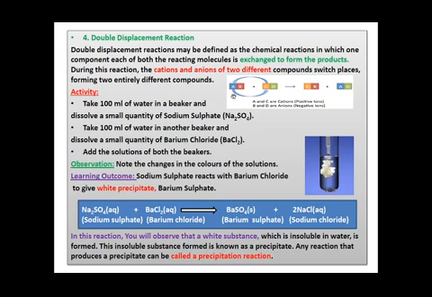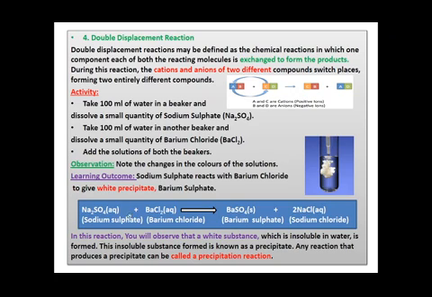If you remember, we have discussed this particular activity earlier also, that is the reaction of sodium sulfate and barium chloride to form white precipitate of barium sulfate and sodium chloride. As a precipitate is formed, this reaction is also known as precipitation reaction.